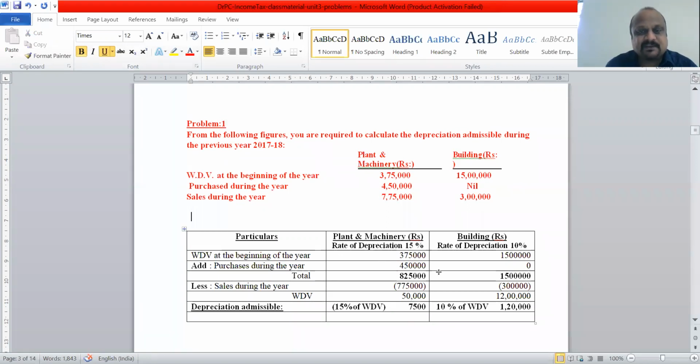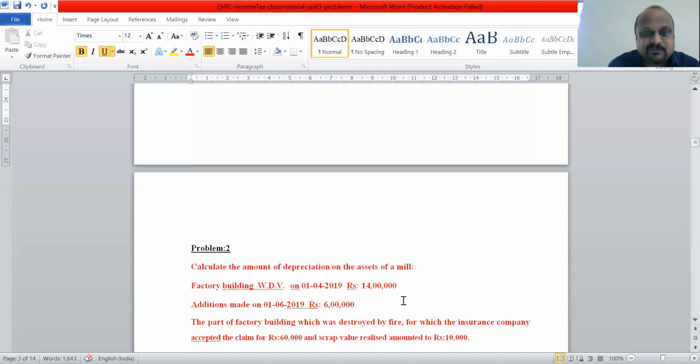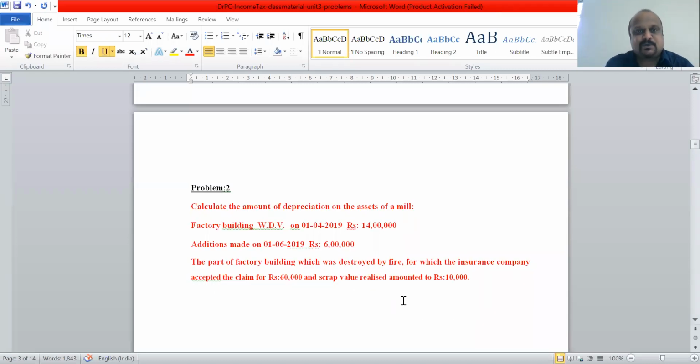Why are we calculating depreciation in this chapter? Because depreciation is an allowable expenditure. To calculate income from PGBP, one can use depreciation as a deductible expenditure. That's why we have to calculate depreciation here.